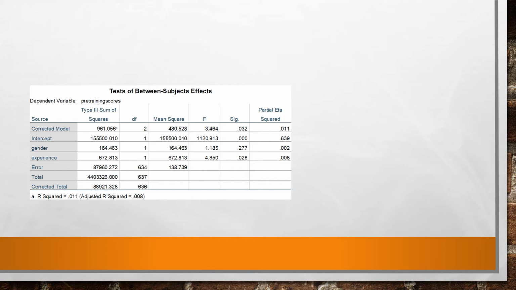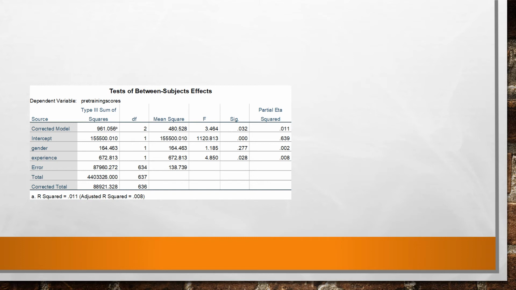As you see listed here, from this test, gender's SIG value is 0.277, which is greater than 0.05. So from that, you can see that there was no statistically significant difference in the mean pre-training performance evaluation scores between males and females.